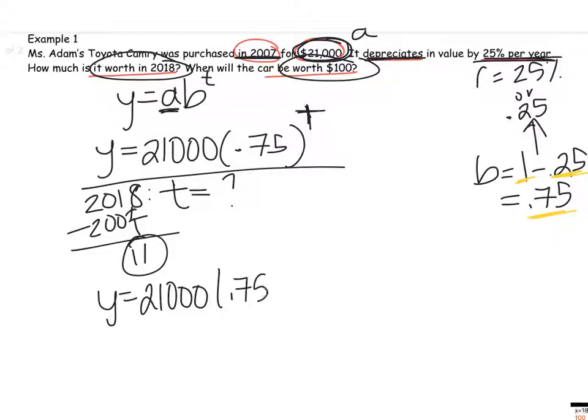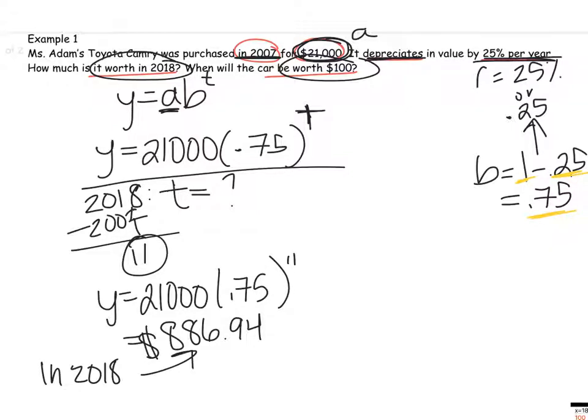My decay factor is 0.75, and I'm taking that to the 11th power. And when I plug that in my calculator, I get that the car is worth $886.94, which is about right for an 11-year-old car, although it does sound a little bit low. So that is part 1. What is the car worth in 2018? It's worth $886.